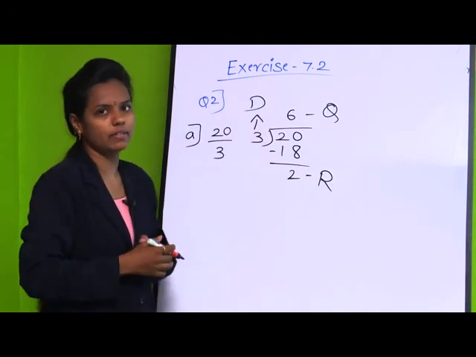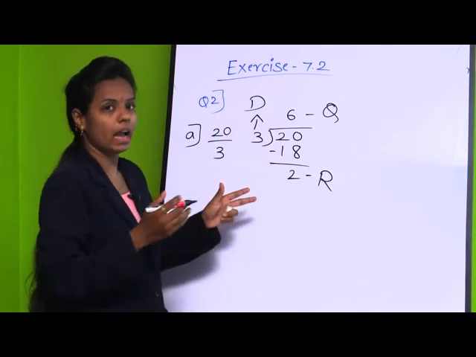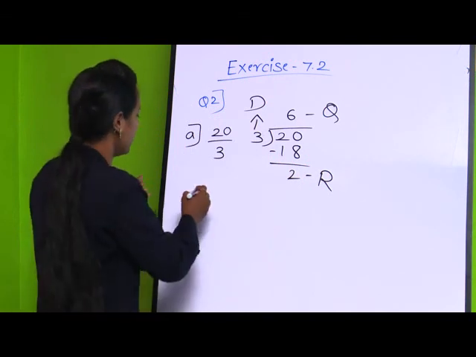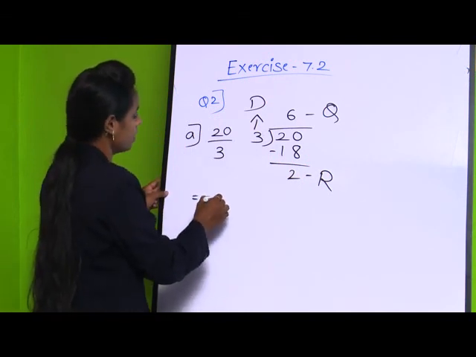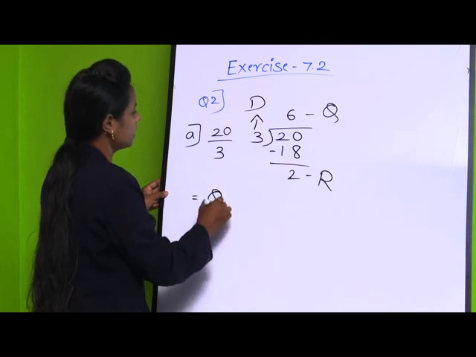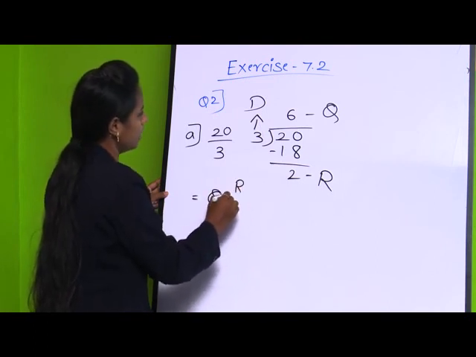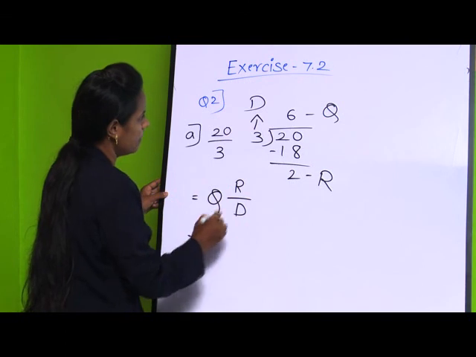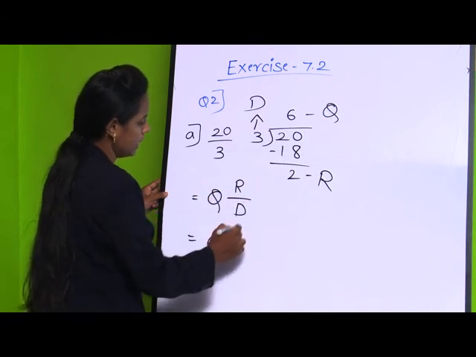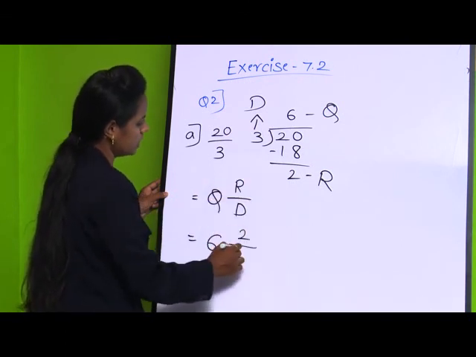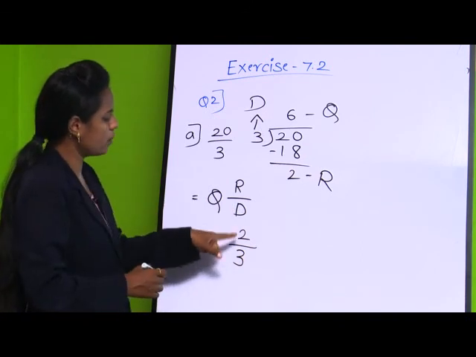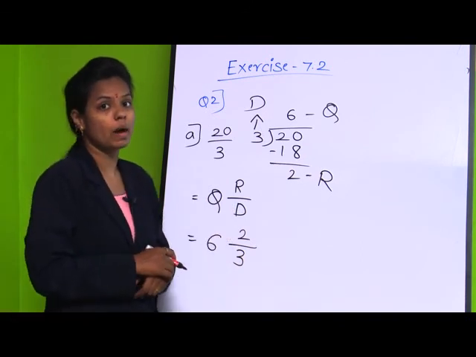We have seen the formula to write it: quotient, remainder by divisor. It means 6, the remainder is 2 and the divisor is 3. So it is 6 2 by 3.